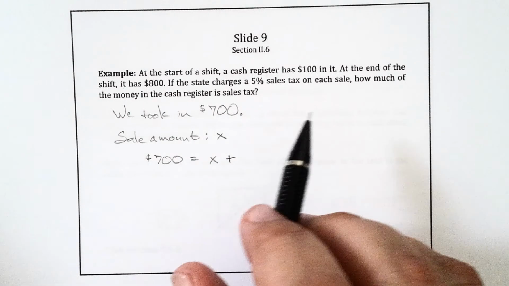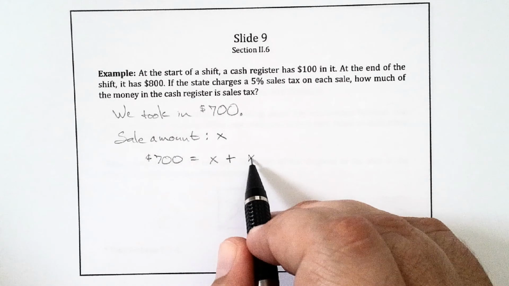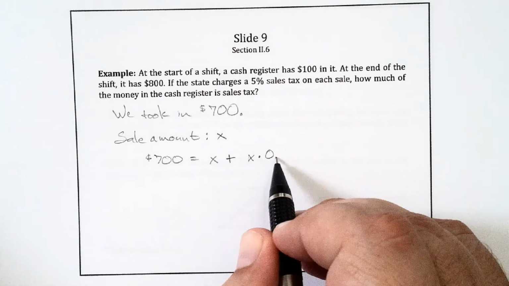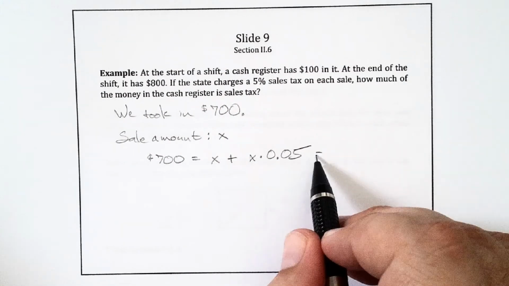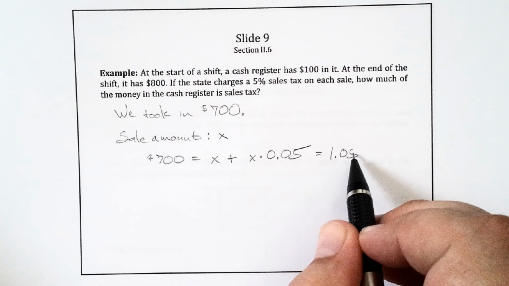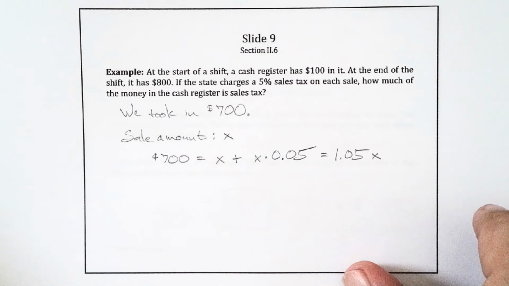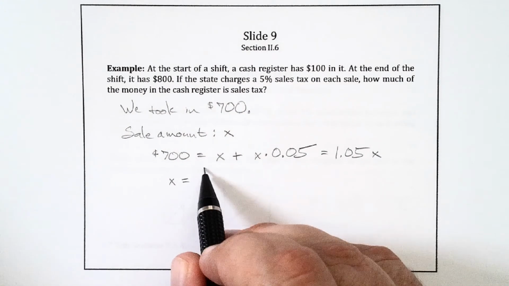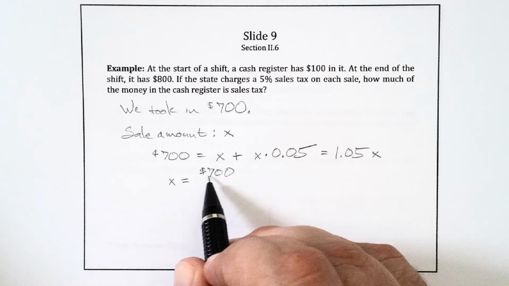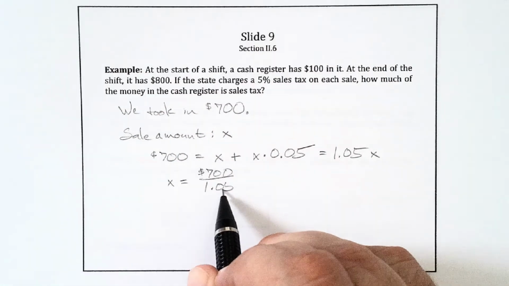Plus 5% of that. So plus X times 0.05. So if I put that together, that's 1.05 times X. So X then would be 700 divided by 1.05.